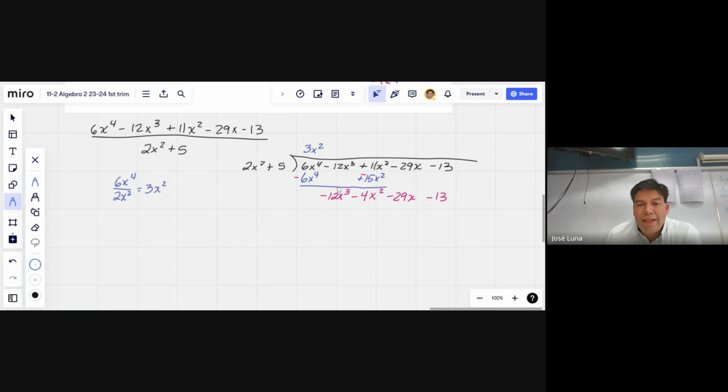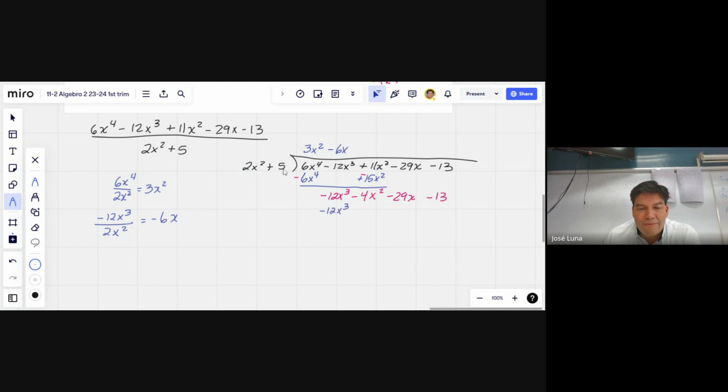Okay, then we proceed in the same manner as at the beginning. We look only at the leading term, in this case negative 12x cubed, and the leading term of the divisor is 2x squared. Negative 12 divided by 2 is negative 6. And x cubed divided by x squared, two of the x's cancel, and we get x. So negative 6x. That's what I put here. And then I multiply negative 6x times 2x squared, which is negative 12x cubed.